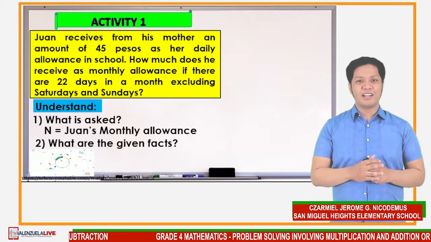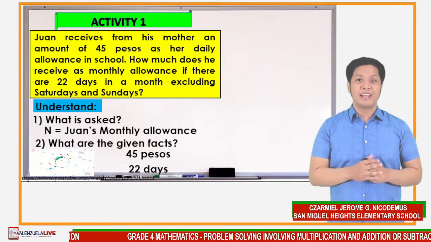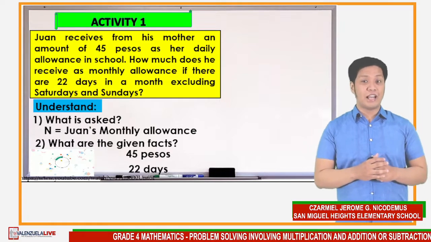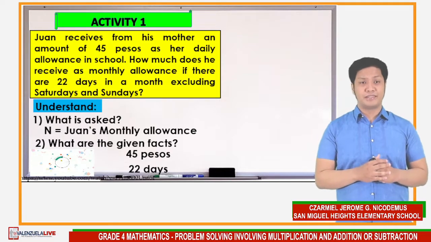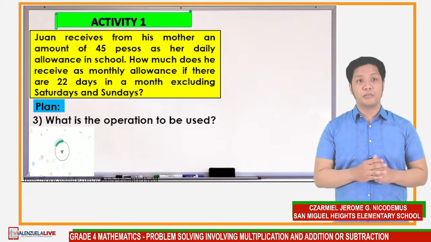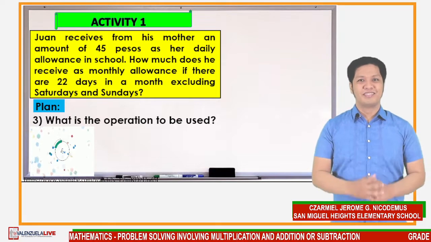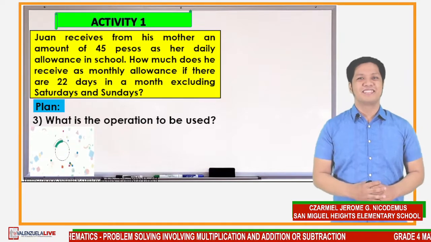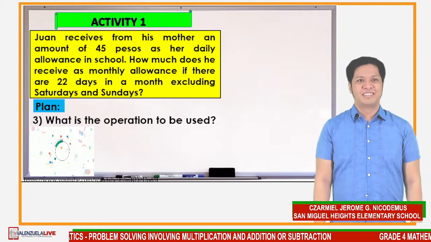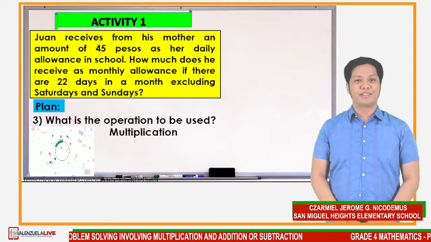The given facts are 45 pesos, that is one's daily allowance, for 22 days. For the plan, the third question will be, what is the operation to be used? The operation to be used is multiplication.